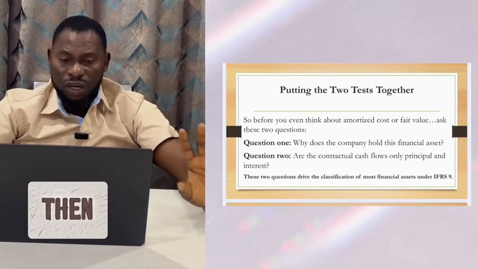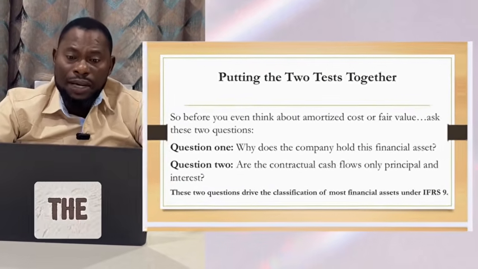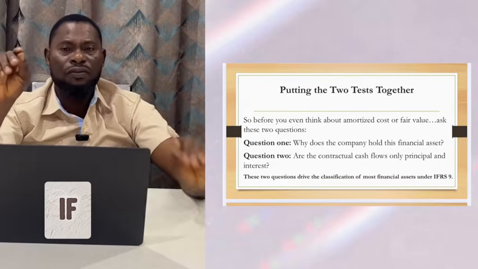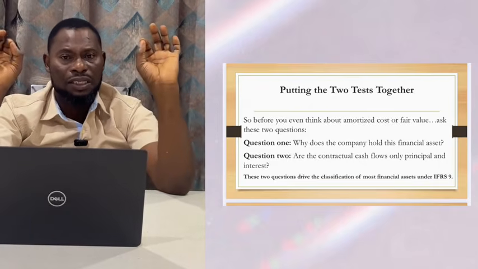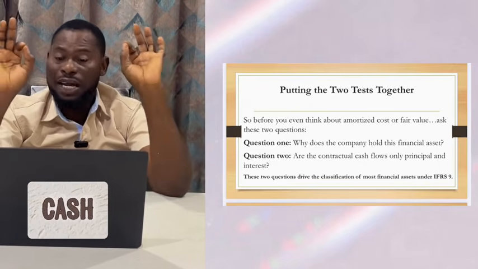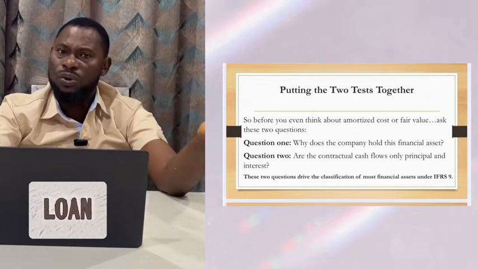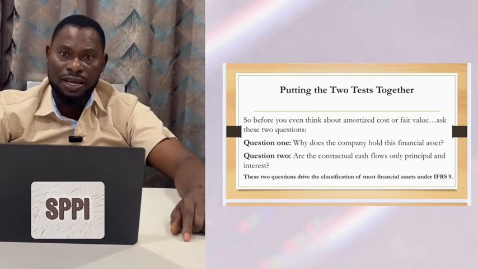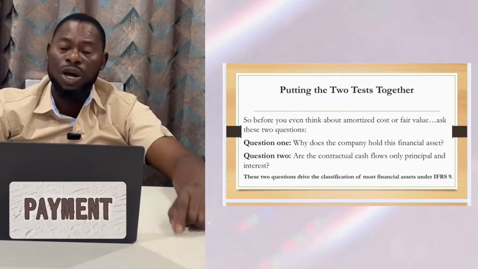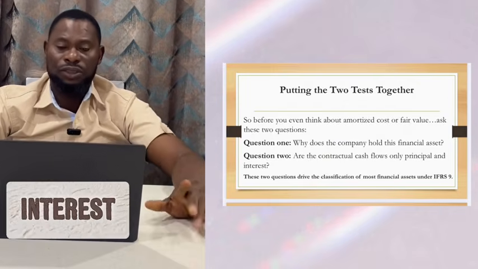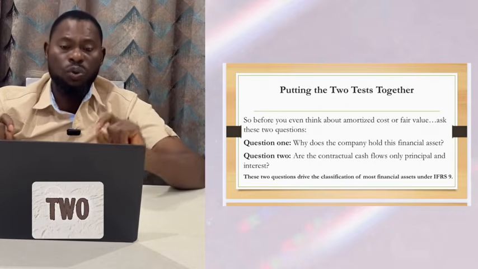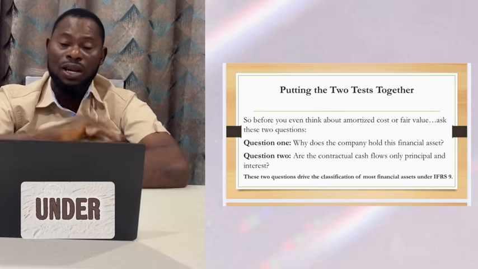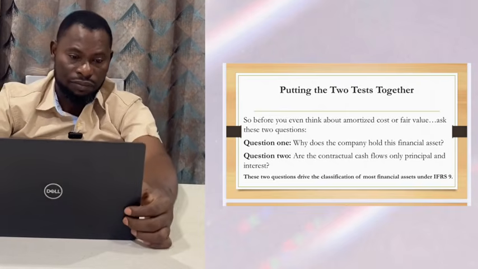Then, question two, are the contractual cash flows only principal and interest? If it is only principal and interest that make up the contractual cash flows, then it's a normal loan, and it has passed the SPPI test. That's solely payment of principal and interest. So these two questions drive the classification of most financial assets under IFRS 9.